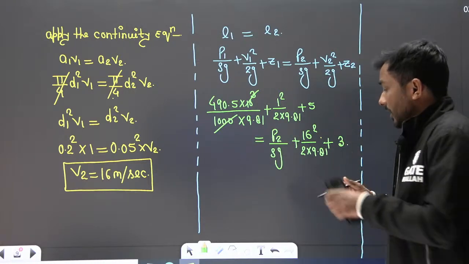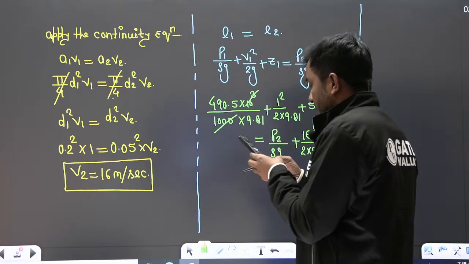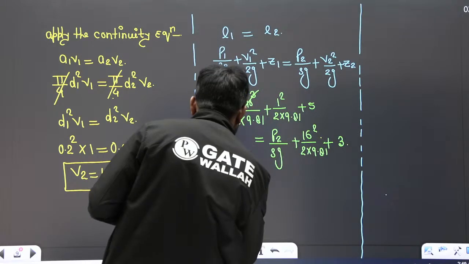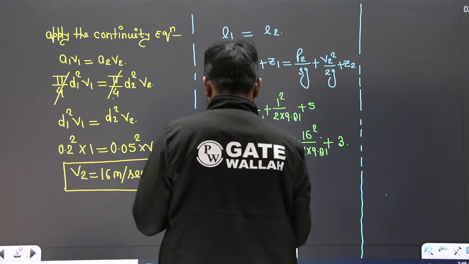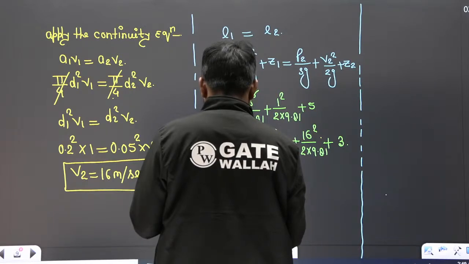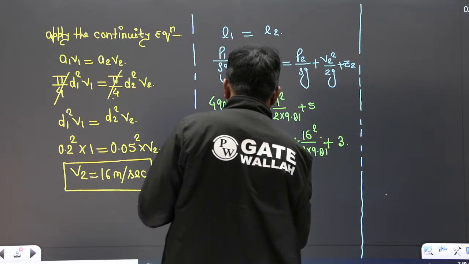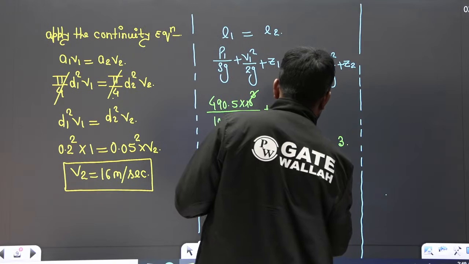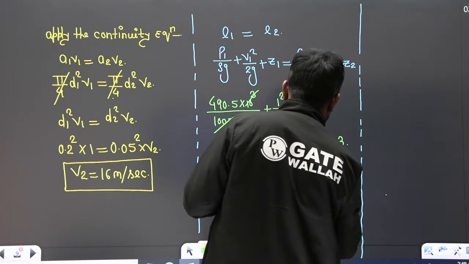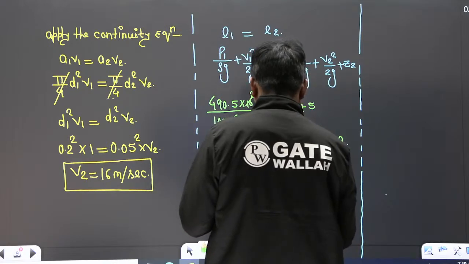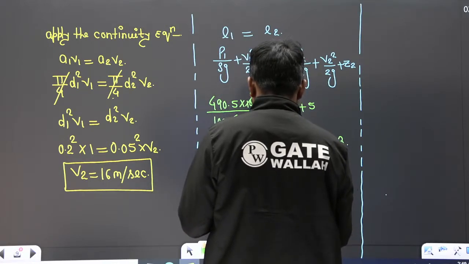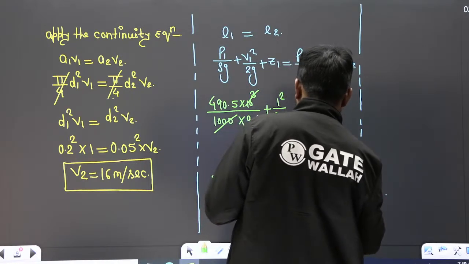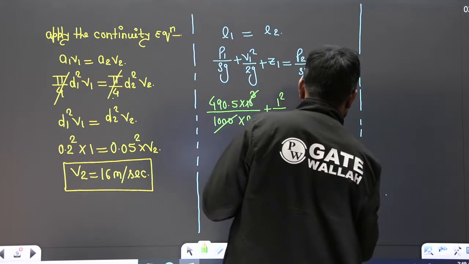Yeah, so let me just calculate. That is 490.5 divided by 9.81, so this will be 50, plus 1 divided by 2 into 9.81, that is 0.0509, plus 5, is equal to P2 divided by rho g, plus 16 square divided by 2 into 9.81, that is 13.0479, plus 3.